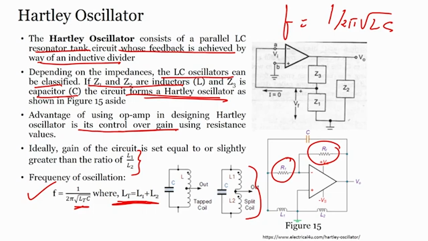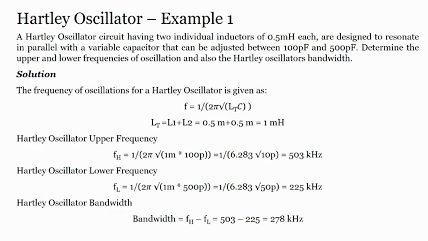Let us see an example of how to design the oscillator. The problem statement is that a Hartley oscillator circuit has two individual inductors of 0.5 millihenry, designed to resonate in parallel with a variable capacitor that can be adjusted between 100 picofarad and 500 picofarad.